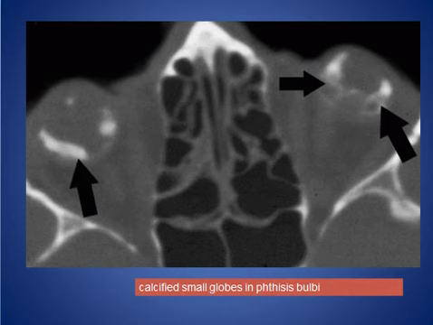This is the end result of a severe infection, inflammation or traumatic process to the eye, leading to shrinkage and calcification of the globe. Phthisis bulbi, as we see in this patient with bilateral calcification of both orbits.